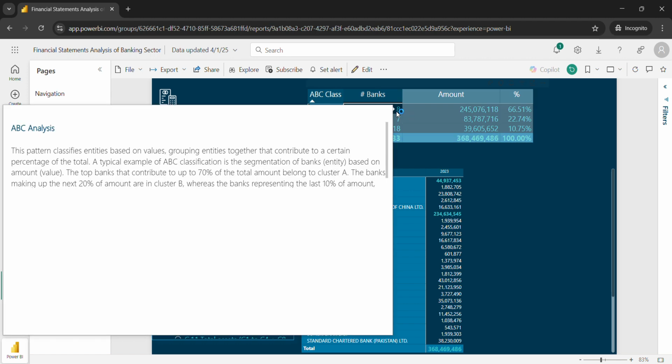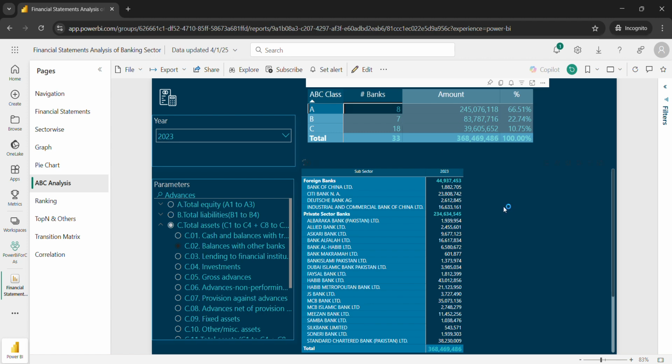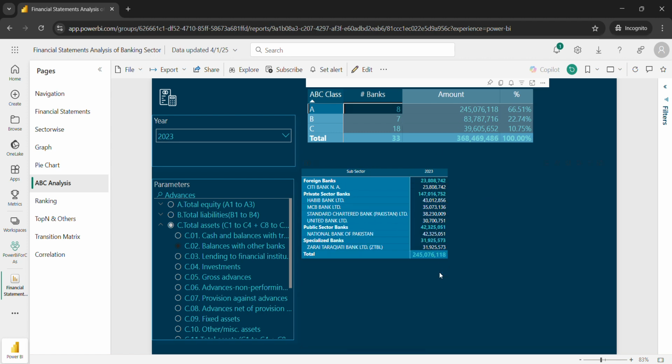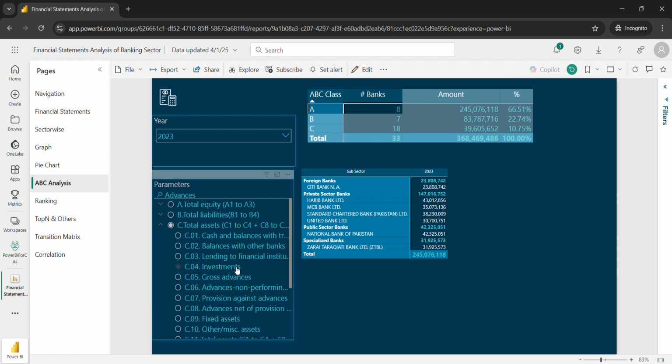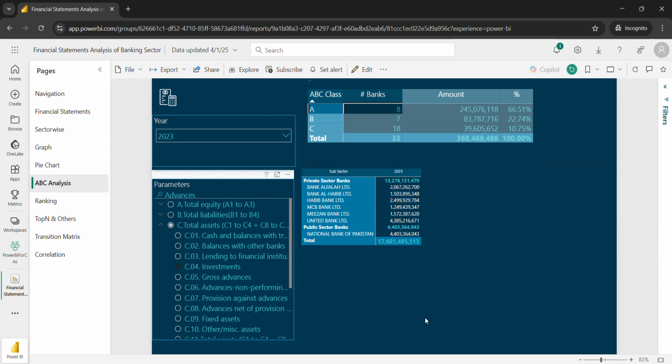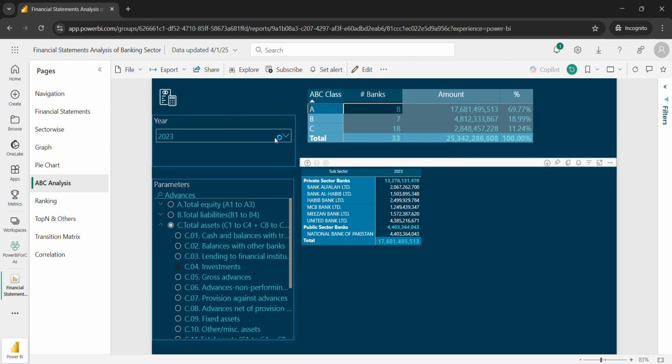If we select that 70% of the industry, we have these 8 banks. These 8 banks conform to almost 66% of the industry. So if we look at the investments portion, within each category we can analyze those specific ratios for each year that we select.